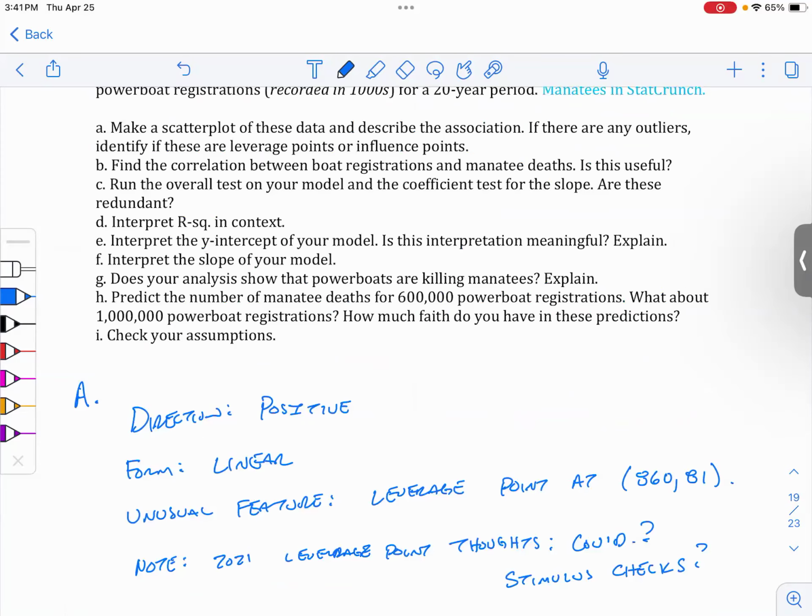Okay, part H. Predict the number of manatee deaths for 600,000 powerboat registrations. What about 1 million powerboat registrations? How much faith do you have in these predictions?